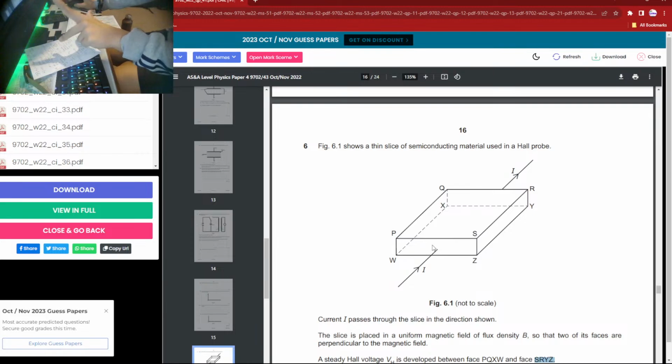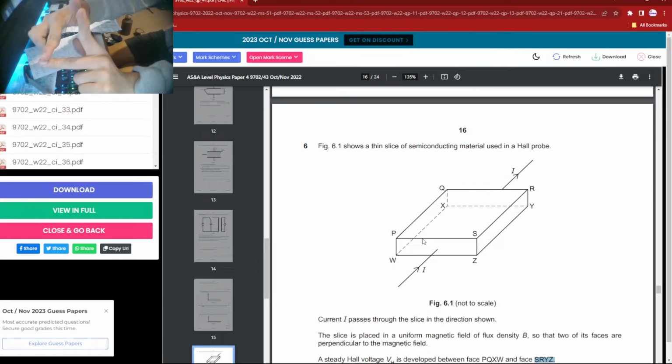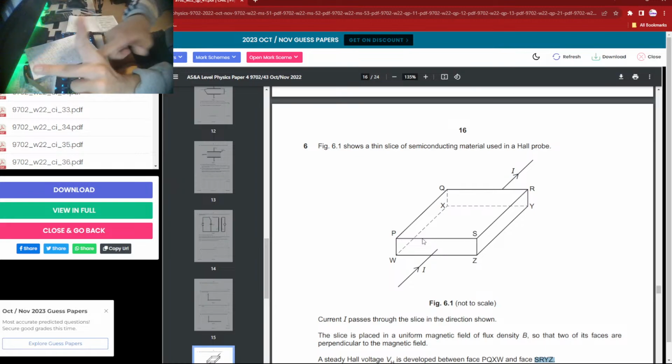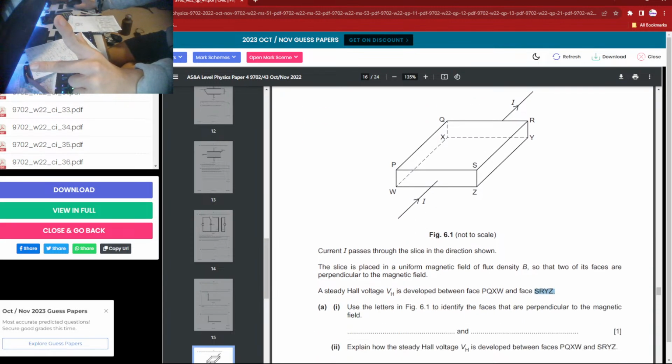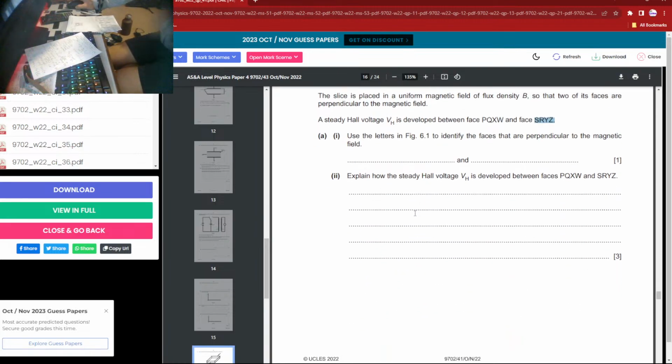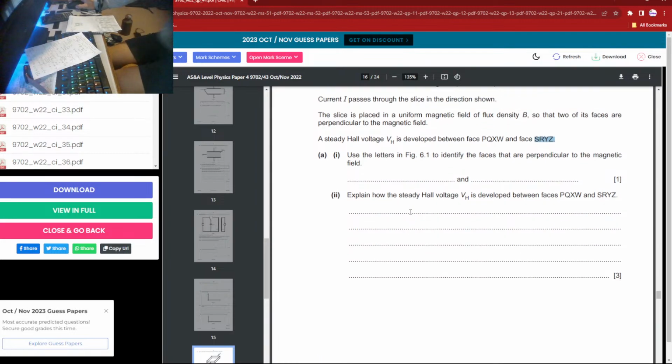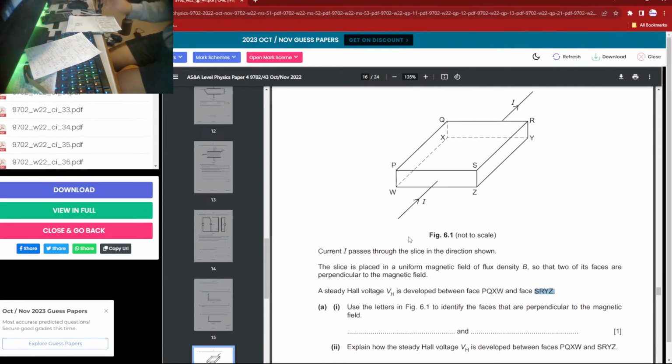So that means the force is this way. Current is going in through here. The force is pushing the particles horizontally. That's why there's a Hall voltage in PQXW and SRYZ. Hence, your Fleming's left-hand rule will look like this, and therefore the magnetic field is going upwards. Therefore, the perpendicular faces would be PQRS and WXYZ.